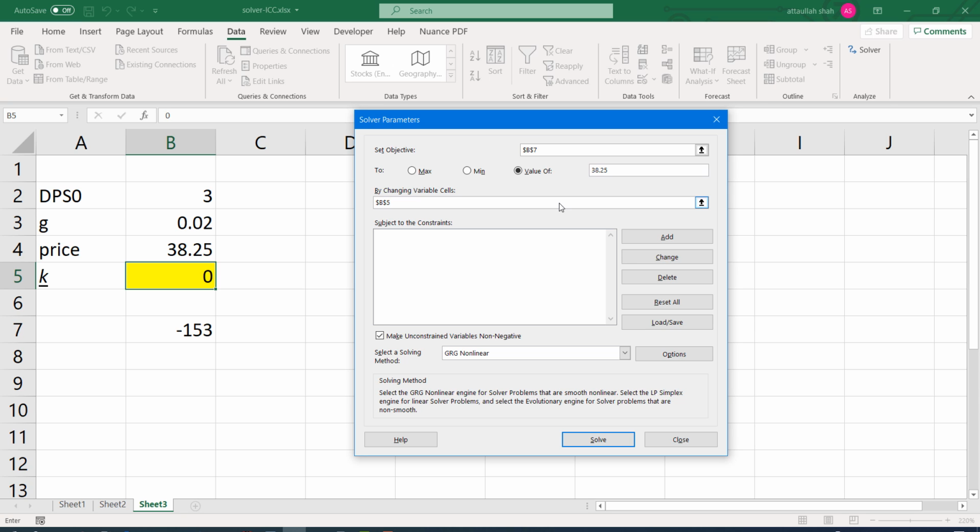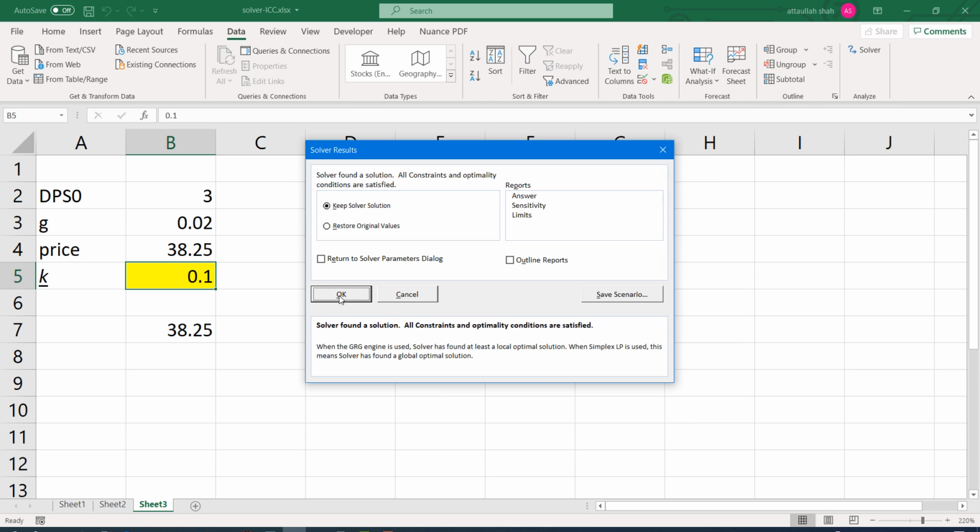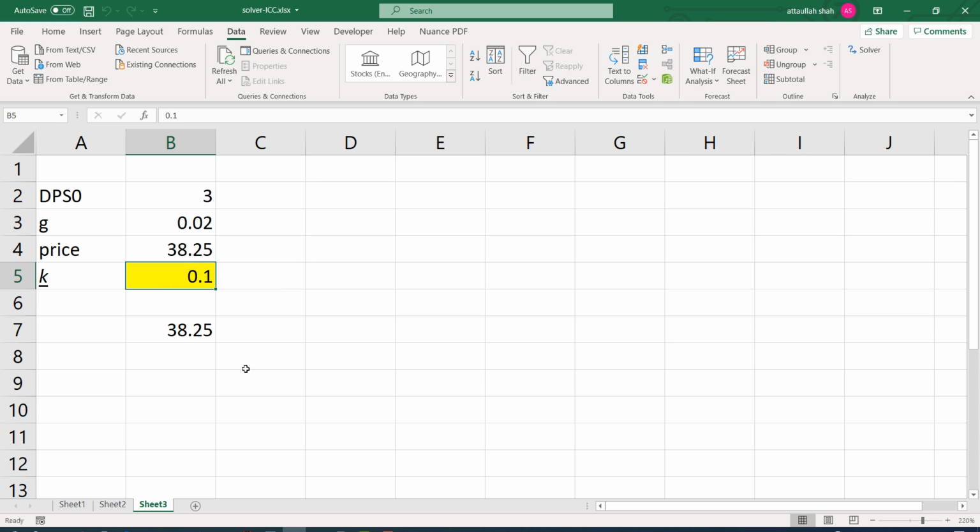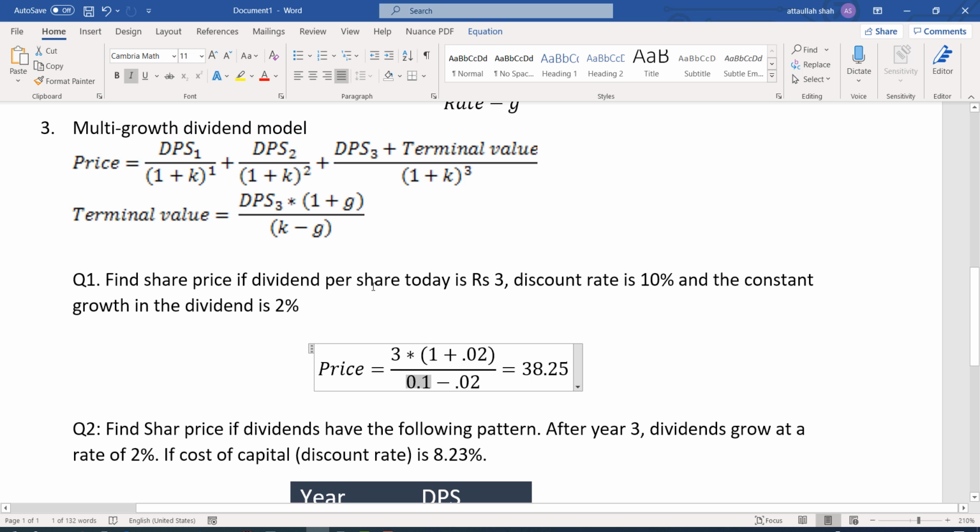It's also true. Sometimes if that happens, you should solve it again. So once we solve it, we get the cost of capital 10%, which is exactly what we had in the question. So we get the cost of capital equal to 10%.